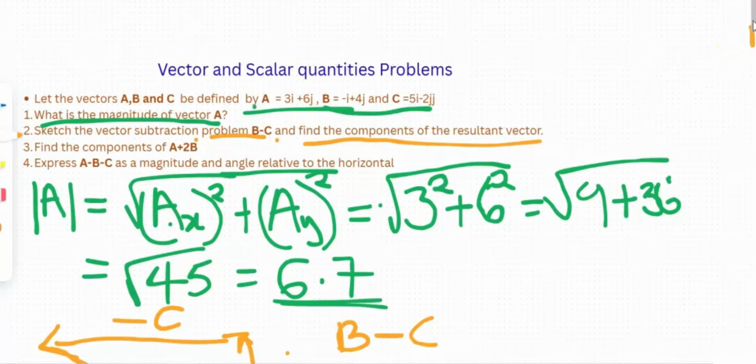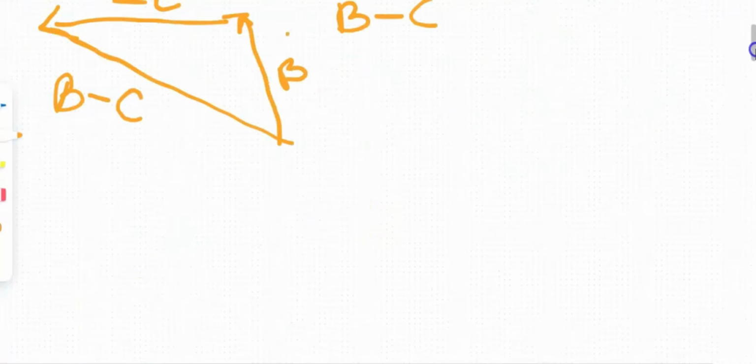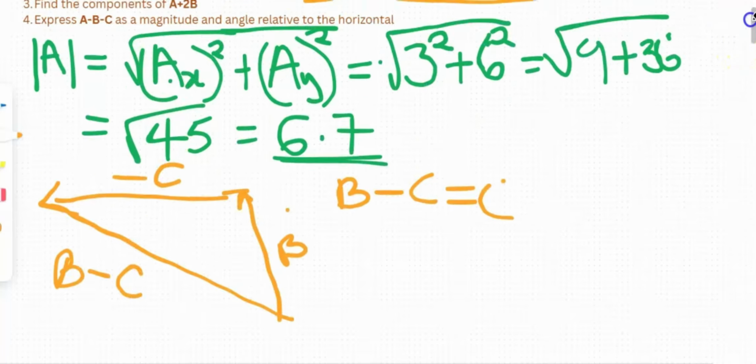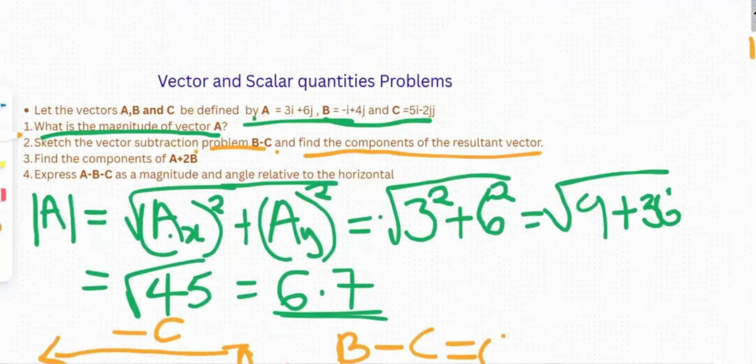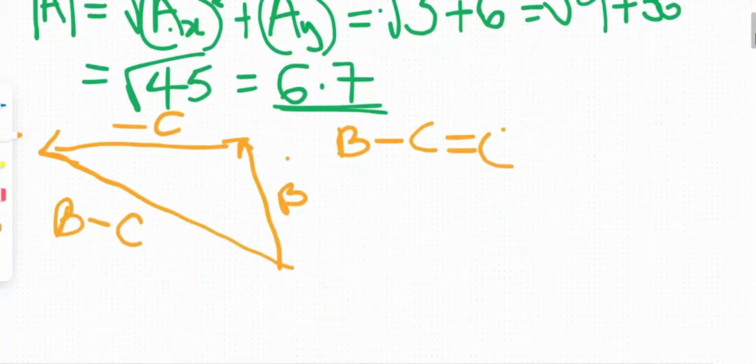So for us to find the components of the resultant vector, going back down here, the resultant of B minus C will be equal to, if you look back at the question, we have B is minus i plus 4j, and C is 5i minus 2j. So let's scroll back down and spread that out.